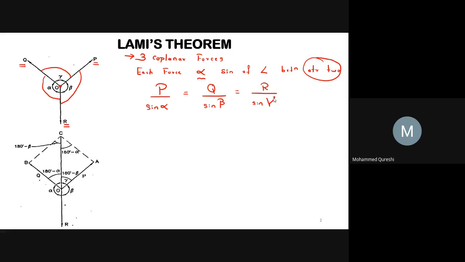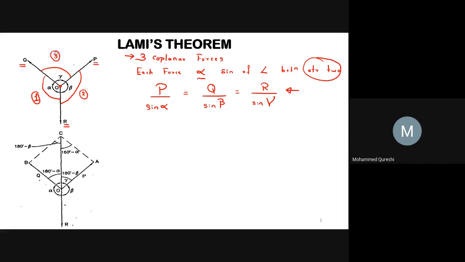So the simple formula for this is P upon sine alpha equals Q upon sine beta equals R upon sine gamma. We will go for its proof. Now, here three forces are there, P, Q, and R, acting at point O. Let the opposite angles to the three forces be alpha, beta, and gamma.